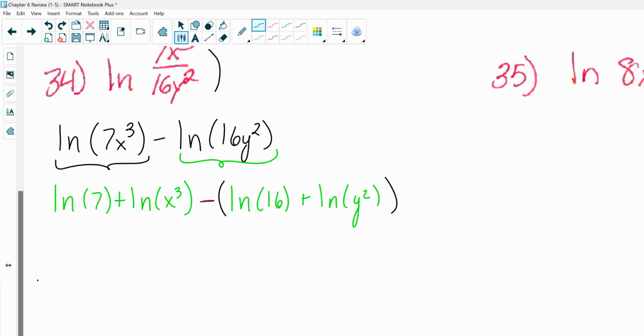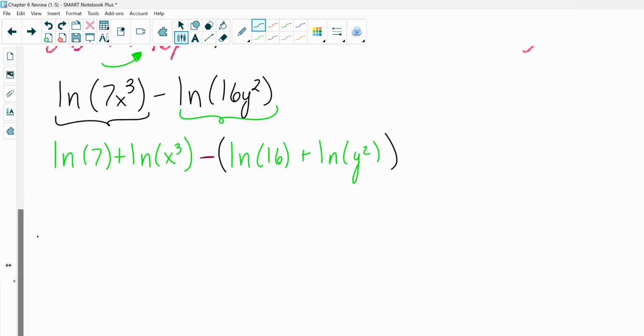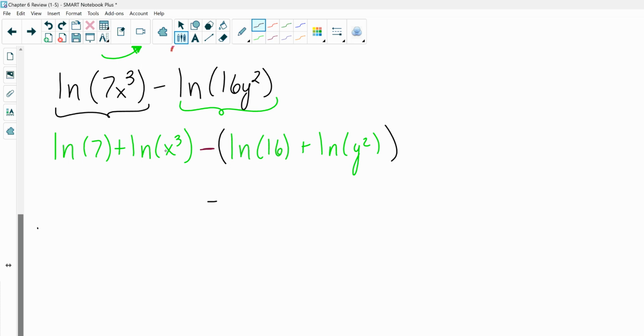But anything that's in the bottom of the fraction, its signs, when we're all done, are both going to be negative. Since we have two terms in the denominator, both of those terms, logarithms, are going to be negative. So we're going to have negative with our ln of 16 and negative with our ln of y squared.